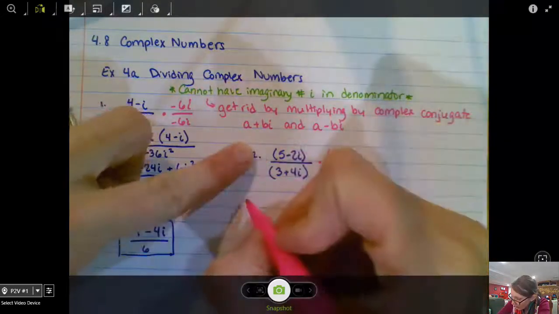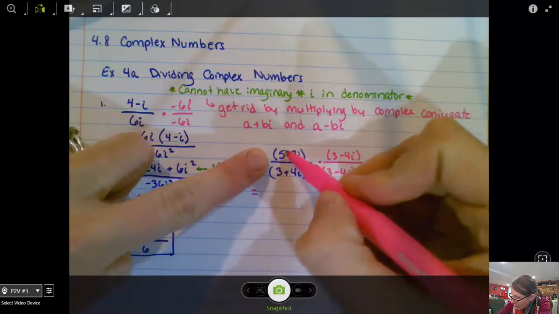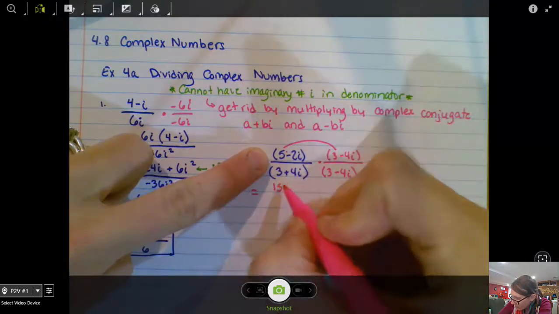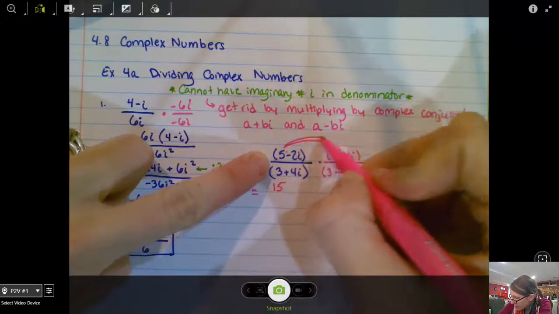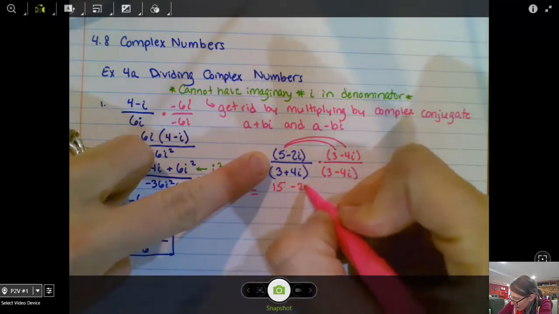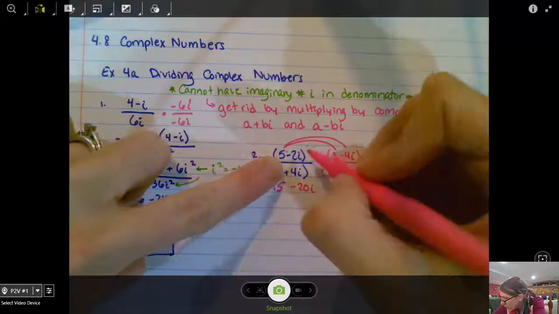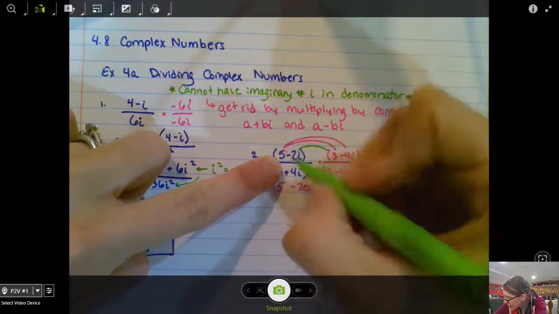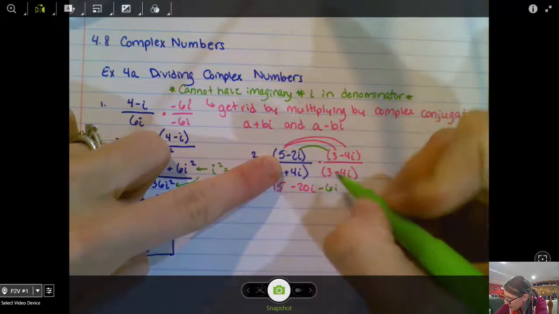So looking at the top here, 5 times 3, we have 15. Outside is minus 20i. Inside's negative 6i.